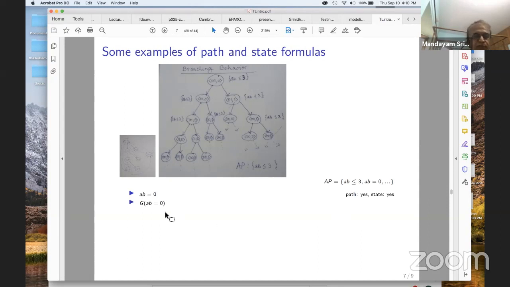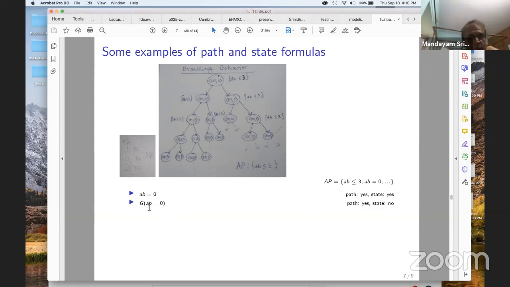Now this one. Just a path formula, because inherently, and that's the way we'll define the semantics, it's not a state formula, it's only a path formula.